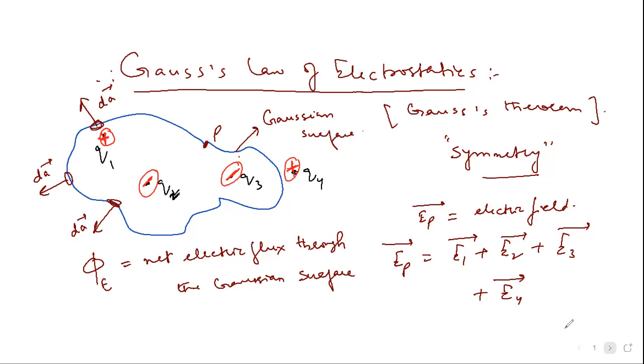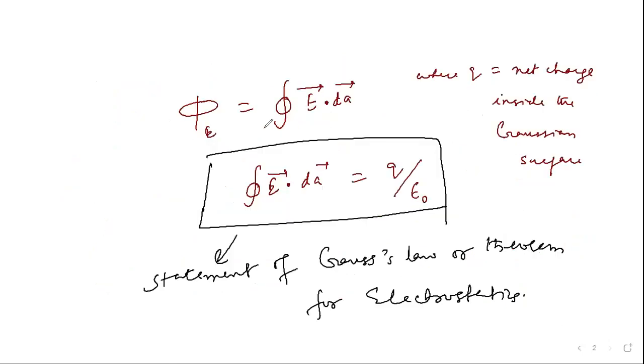Now, once I calculate the net electric flux through my Gaussian surface, Gauss's law says that the electric flux through this closed surface is always equal to Q by epsilon naught, where Q is the net charge inside my Gaussian surface.